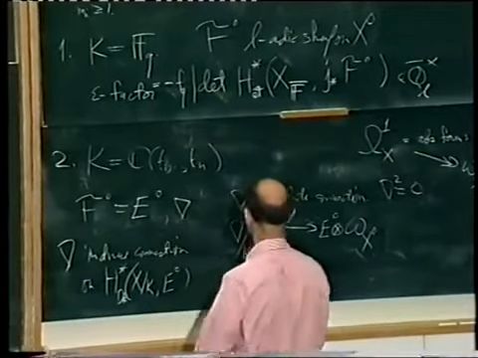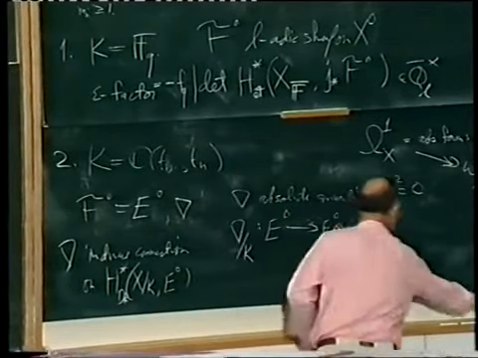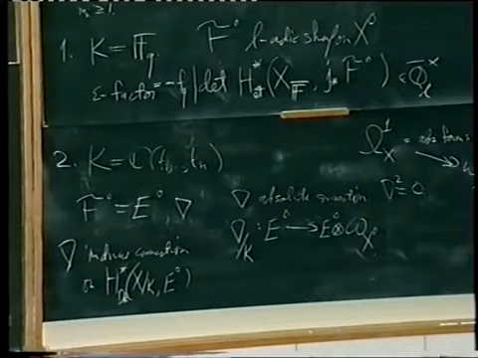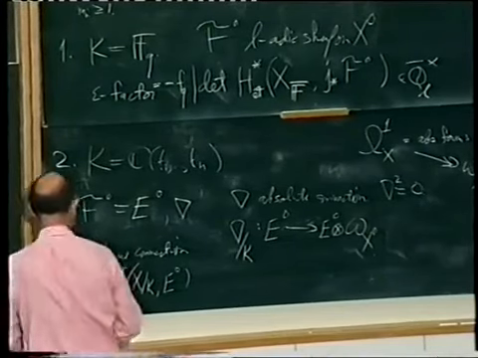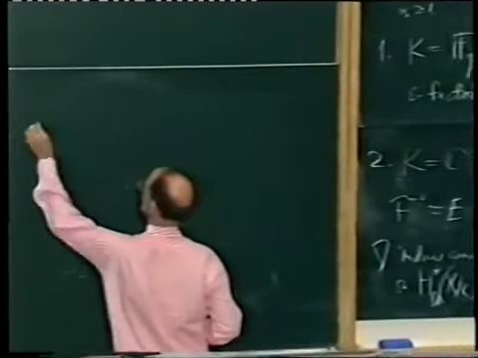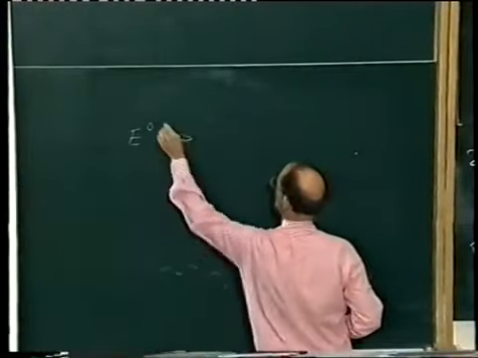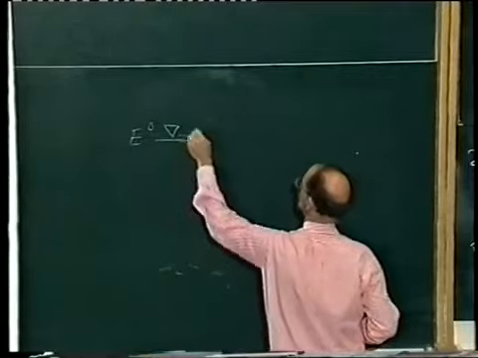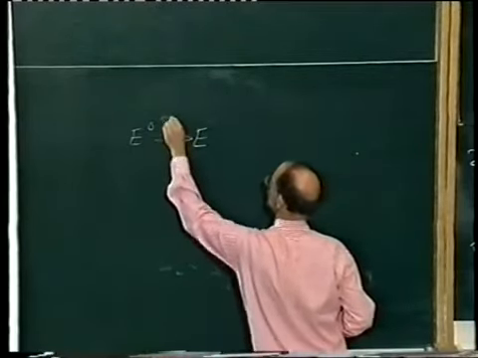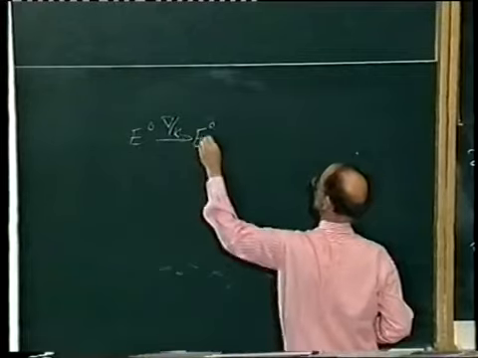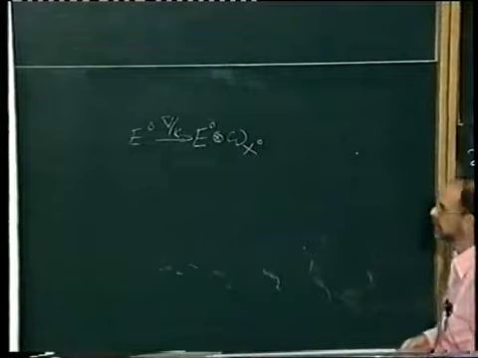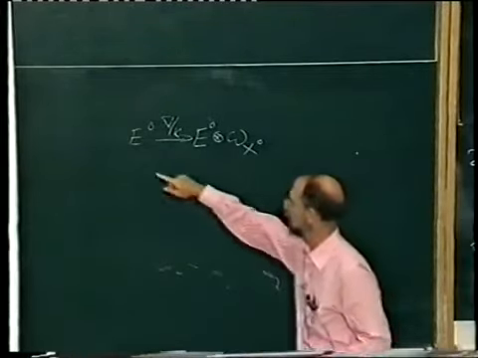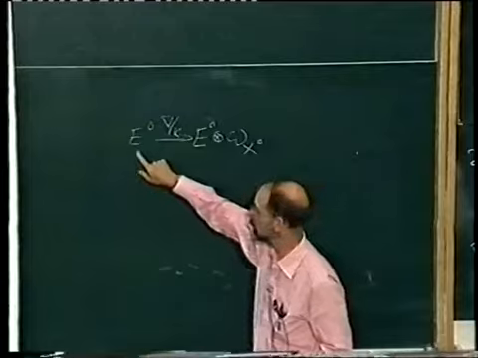Let me explain that a little more carefully. You look at your bundle E naught and you go via your relative connection to E naught tensor Omega X naught, and that gives you a little two-term complex of sheaves.